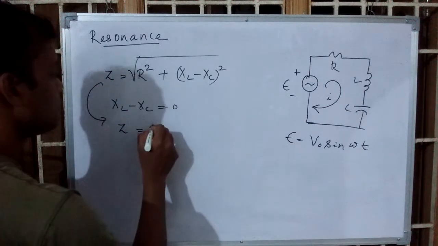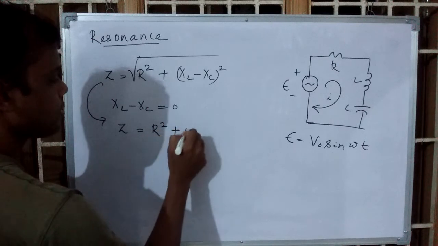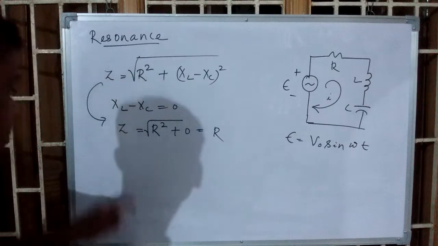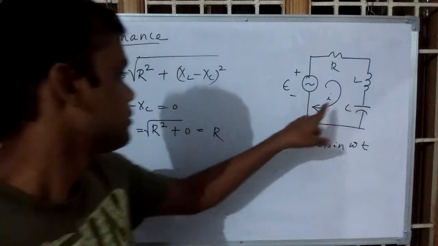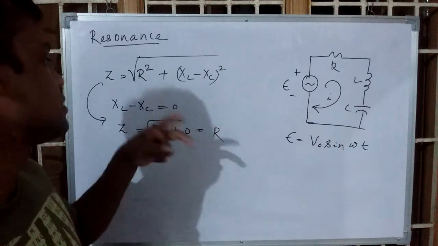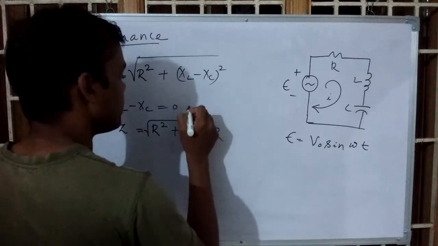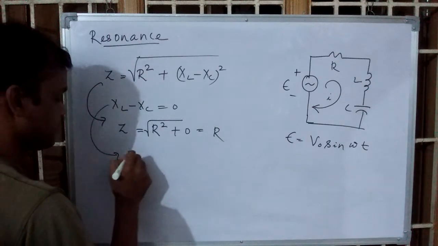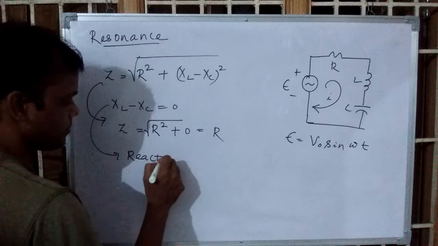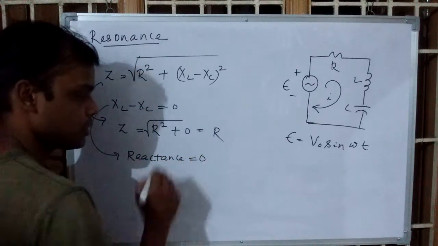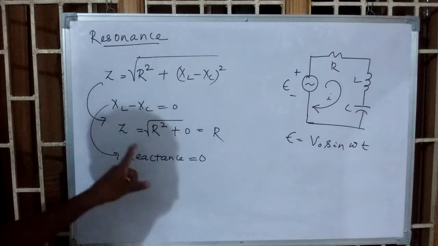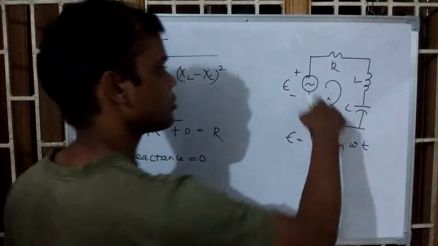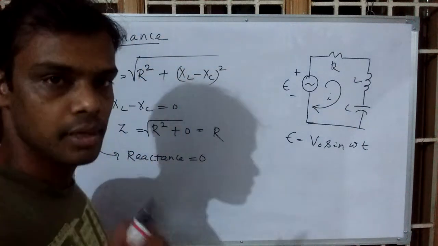Z will be equal to the square root of R square plus 0, which is equal to R. That means in the circuit when XL minus XC becomes 0, the reactance part of the circuit is 0. Then the total impedance becomes resistance, or the circuit behaves like a simple resistor.